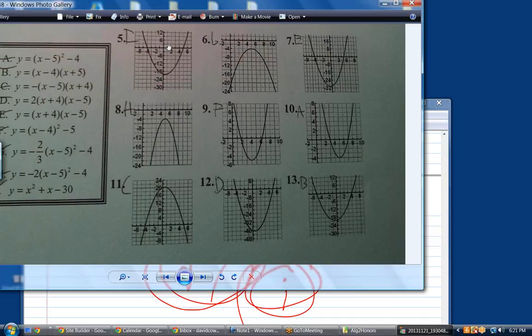Now here's another one. That's 5 and -4. That's 5 and -4. So one of these is D and one of them is E. But it's going to be skinnier and taller because of the 2. So, yes, skinnier, for sure.